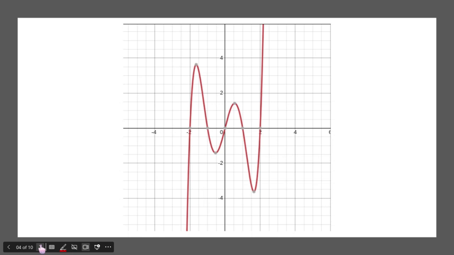All right. So when we graph it, this is what the graph actually looks like. If you see, it looks like a squiggly line. And when we're talking about odd degrees of polynomials, they are squiggly lines. If you have an even degree of polynomials, it will be some form of a U shape.